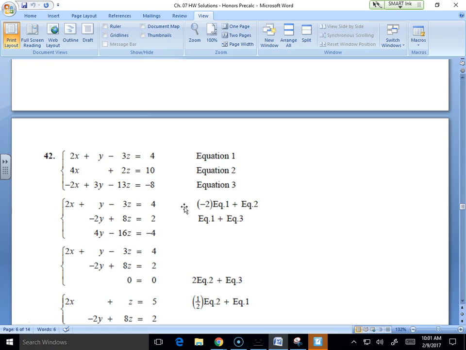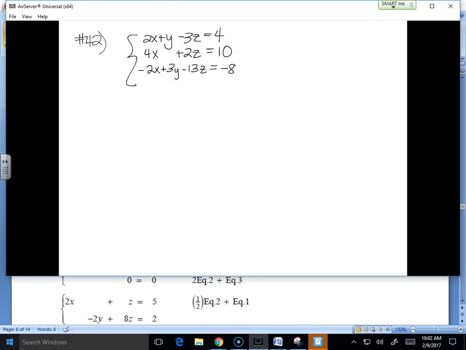Be smart about it. Alright, I'm solving 42. If you guys got stuck on that one, you can work through it with me and grab pictures of the rest.